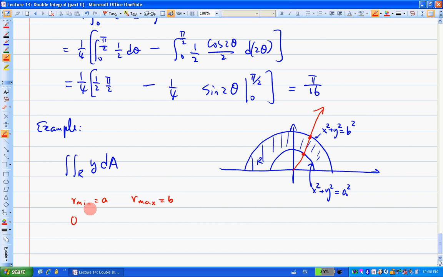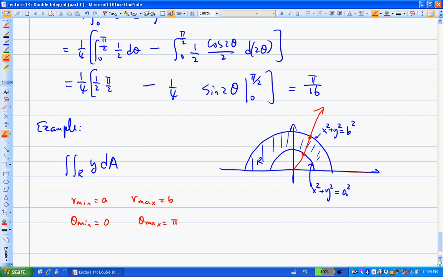And for the theta min, you rotate these radial lines across this whole region R and find the bounds of theta for this region R. So in this particular case, theta goes from 0 to pi. That's right.